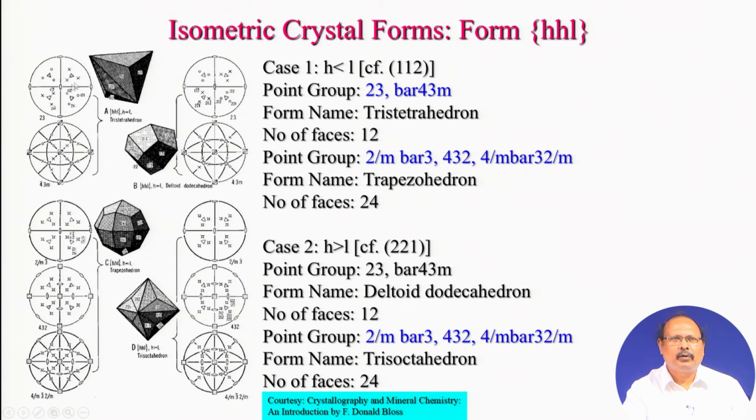This is the positive direction of the A3 axis, and since this is a vertical two-fold axis, after rotation this will be repeated here, here, and here. So, this is again the set of symbols, the open circle, meaning they are intersecting the positive direction of the A3 axis.